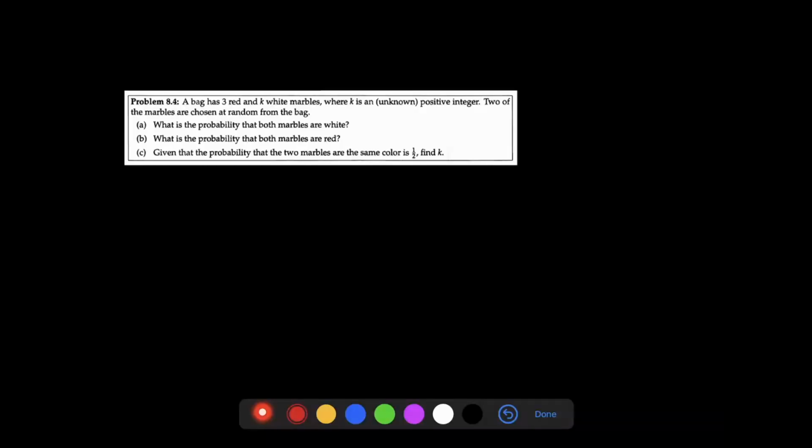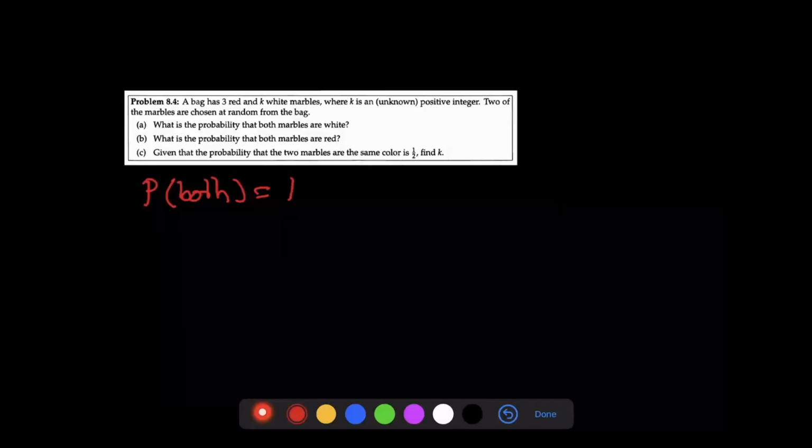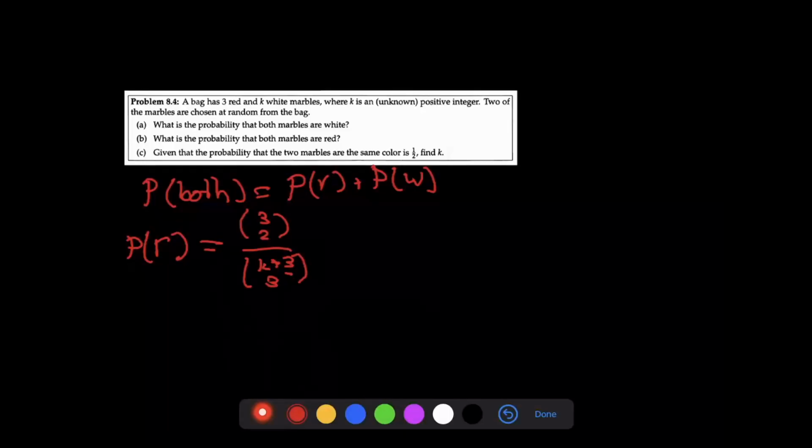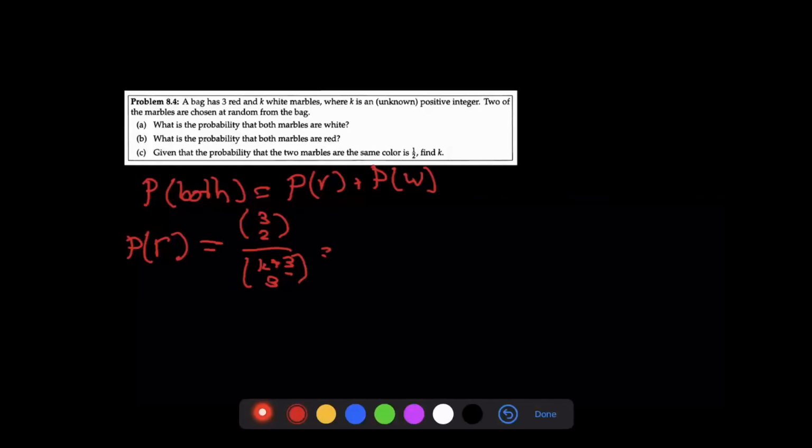So we begin by noting that both of these are mutually exclusive. So that means P of both is equal to P of red plus P of white. P of red is equal to, how many ways can we pick 2 red marbles? 3 choose 2 over k plus 3 choose 2, which is equal to 3 over k plus 3 choose 2.